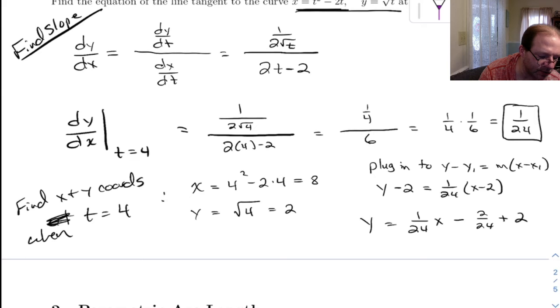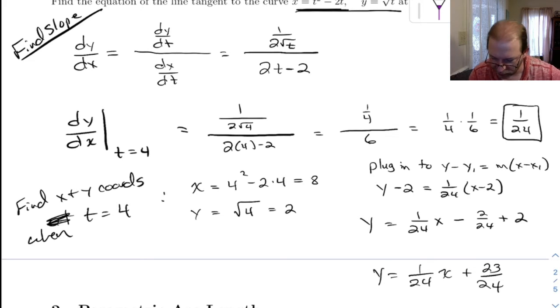So 46 over 24, 23 over 24. Is that right? Negative 2 over 24 plus 2. 23 over 12, yeah. That didn't sound right. Negative 23 over 12.